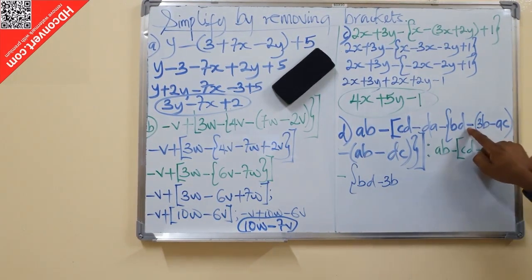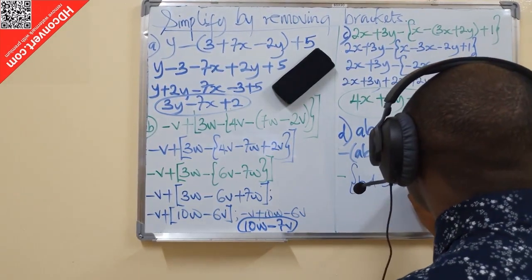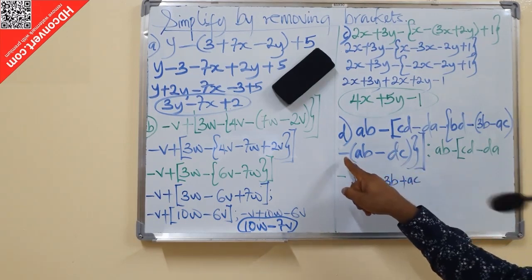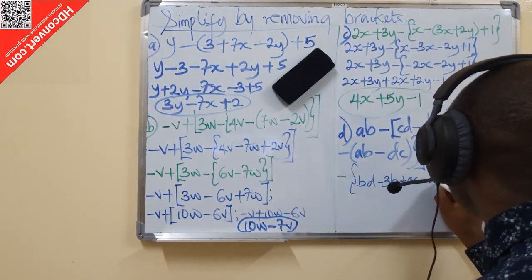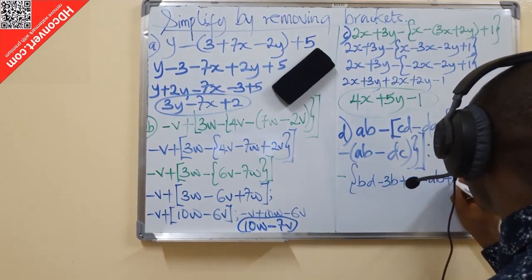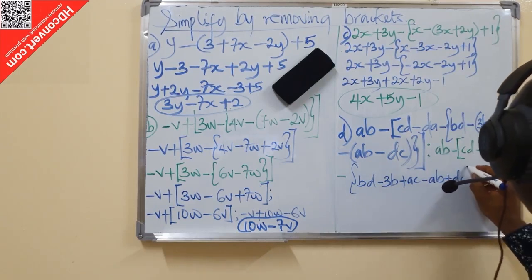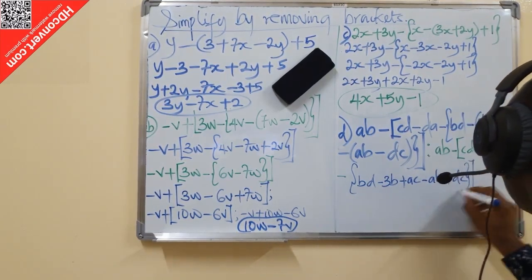Because we are multiplying it by a negative sign, it changes to a positive, so plus AC. We are progressing. Now comes the next one, also multiplied by negative. So this becomes negative AB plus DC. And that closes our curly bracket, and that closes our block bracket as well.